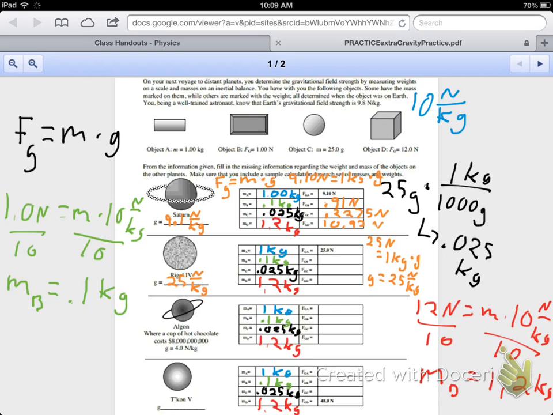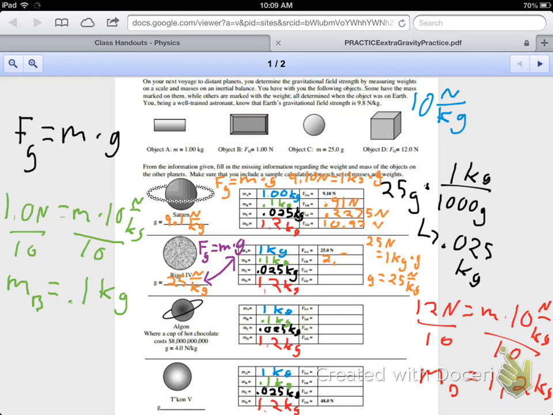And again, using that nice basic equation, because now we're trying to find the force due to gravity on each object, equaling its mass times the gravitational field strength. And then we have the three masses that we can plug in for M. So when we do this, we get 0.1 kilograms times 25 newtons per kilogram.